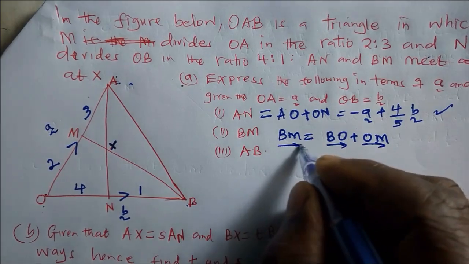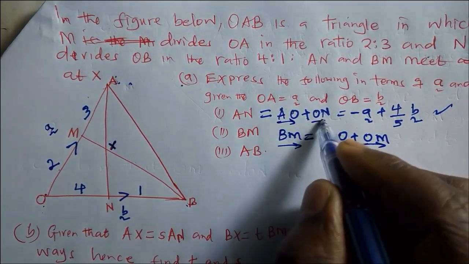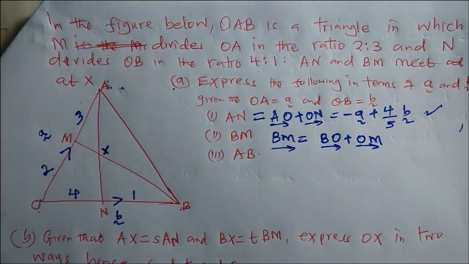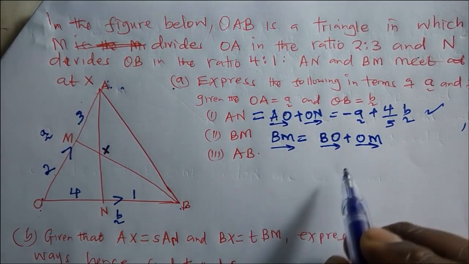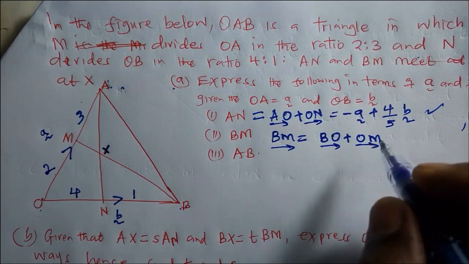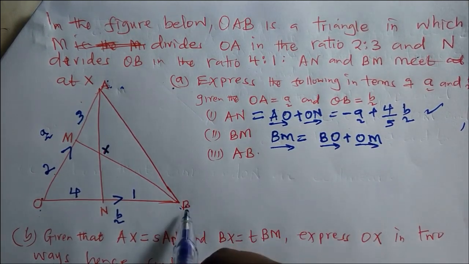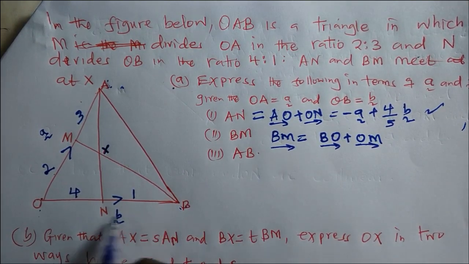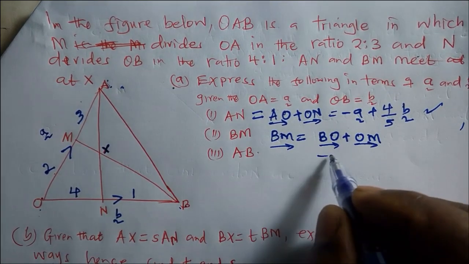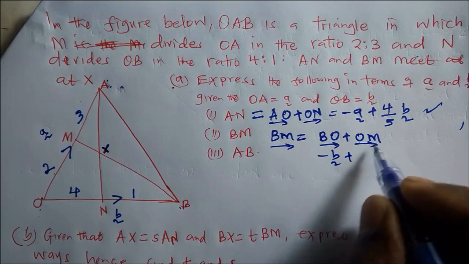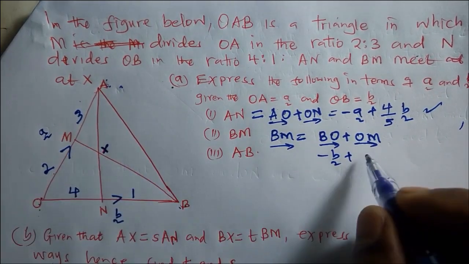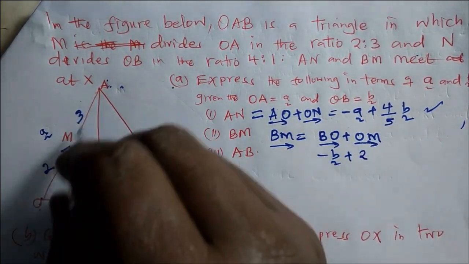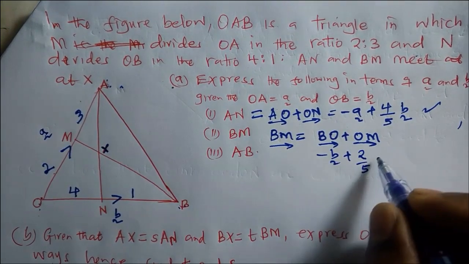It is important you put an arrow like that, showing that we are going in that direction. So this one means BO, we are going against B, therefore it is going to be minus B plus OM. OM is 2 over the total 5, vector A.